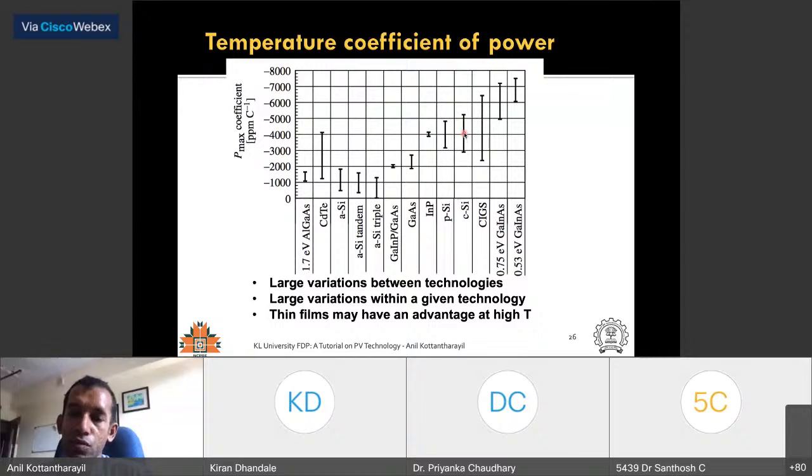These are specified at 25 degrees centigrade, but in the field, if they are both operating at 50 degrees centigrade, there may not be much of a difference between the two technologies in terms of the power output per unit area, because the power output of silicon would have decreased more significantly compared to cadmium telluride because of the different temperature coefficients.